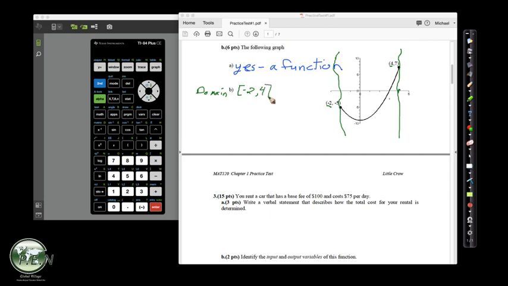So I'll indicate it this way. This is called interval notation. If I was asked to do inequality notation, I could list it as -2 less than or equal to x less than or equal to 4. Inequality.